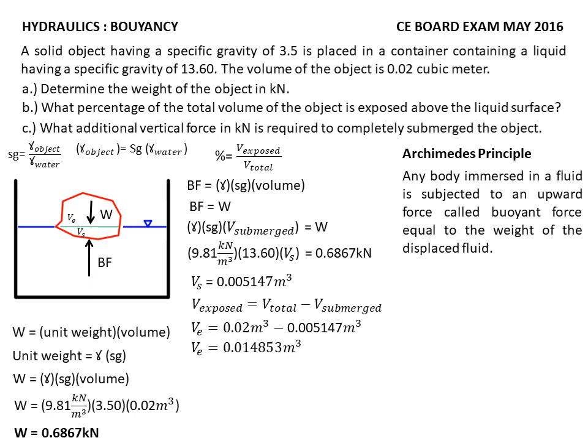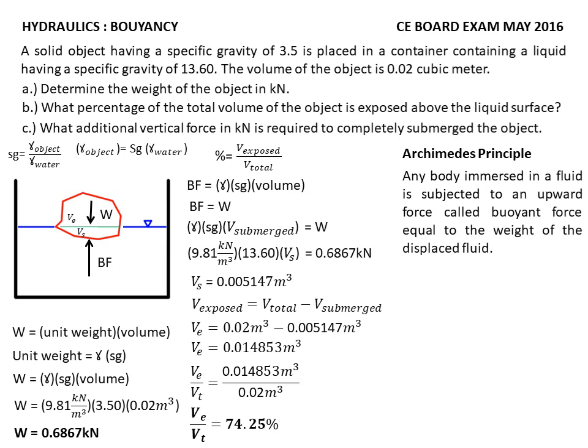Then volume of exposed is 0.014853 cubic meter, and we can now solve the percentage. The volume of exposed divided by the volume of total is equal to 74.25%. So this volume is equal to 74.25% of the total volume.